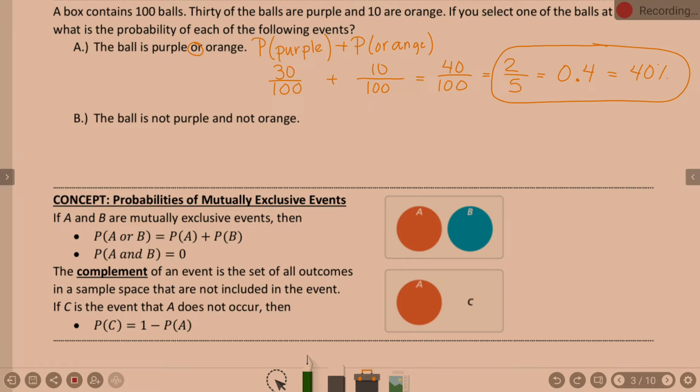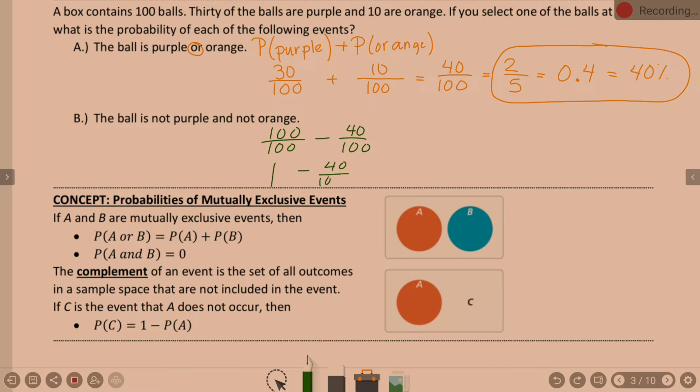Yeah. So if 40% is in favor of purple or orange ball, then the other 60%, we can think of it in terms of 100% being 100 over 100 minus the 40 over 100. And the idea that 100 over 100 is 1.